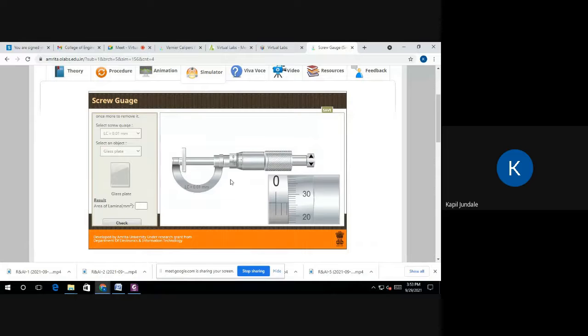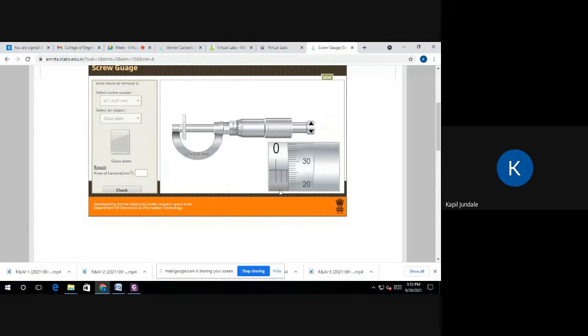After touching it will show this reading. Now let's see what the reading is. This one is 0.5 or 1 mm, 1 mm, 2 mm. After 2 mm, now measure this circular scale: 20, 21, 22, 23, 24, 25. 25 into least count. Least count is 0.01.